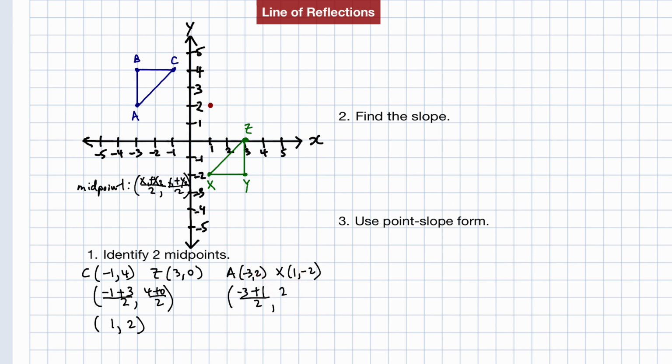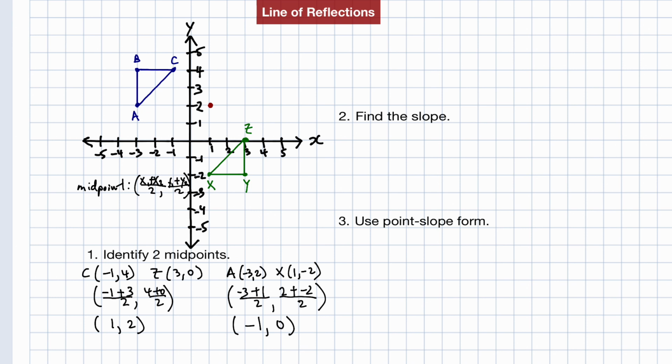So it'll be 2 plus negative 2 divided by 2. If we simplify this, negative 3 plus 1 is negative 2. Negative 2 divided by 2 will be negative 1. And then 2 plus negative 2 is 0, and 0 over 2 is 0. So we're going to get negative 1, comma, 0.